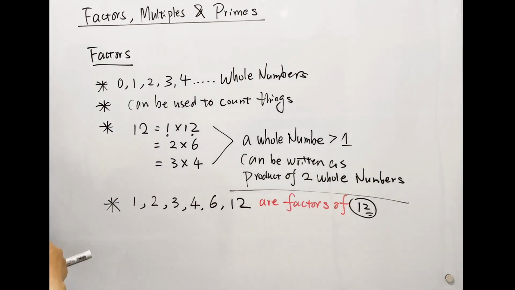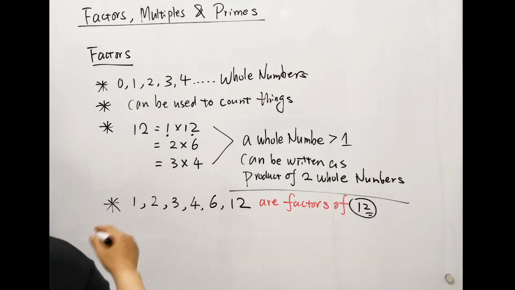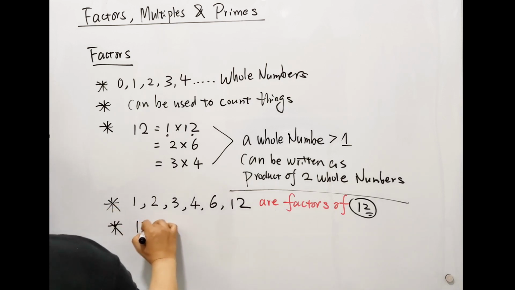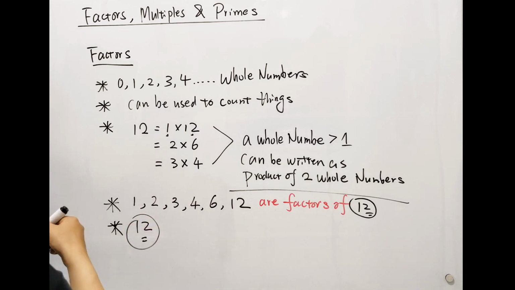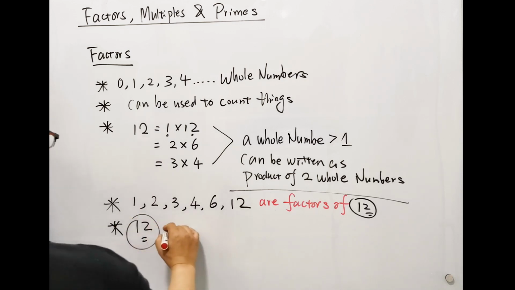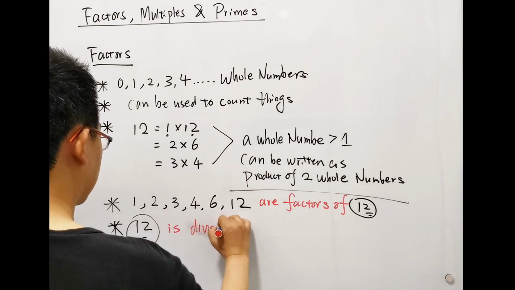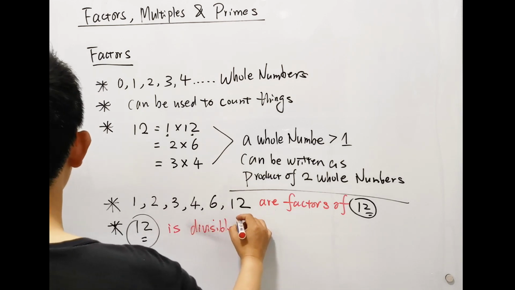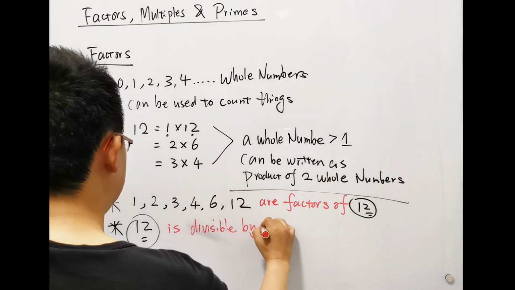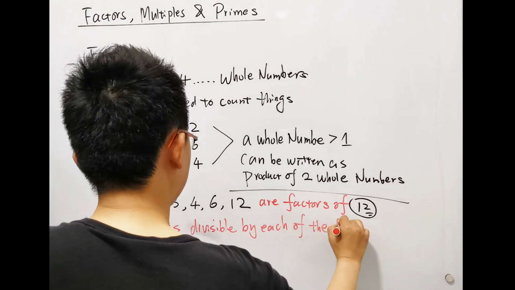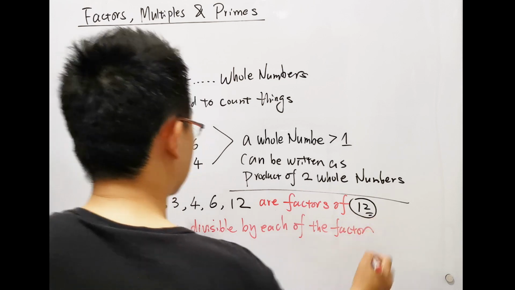Sometimes we also say that the number 12 is divisible by each of the factors.